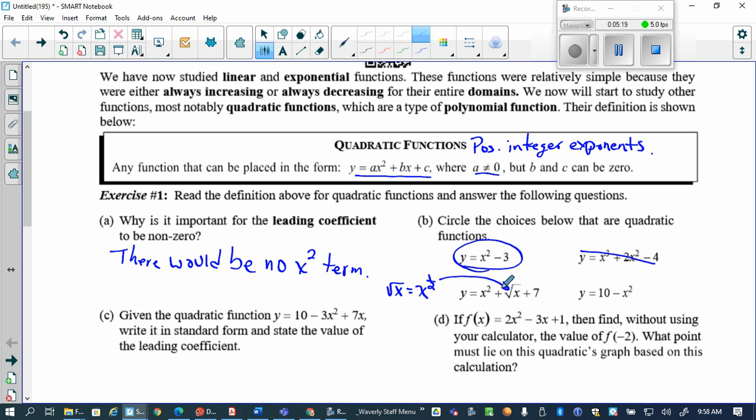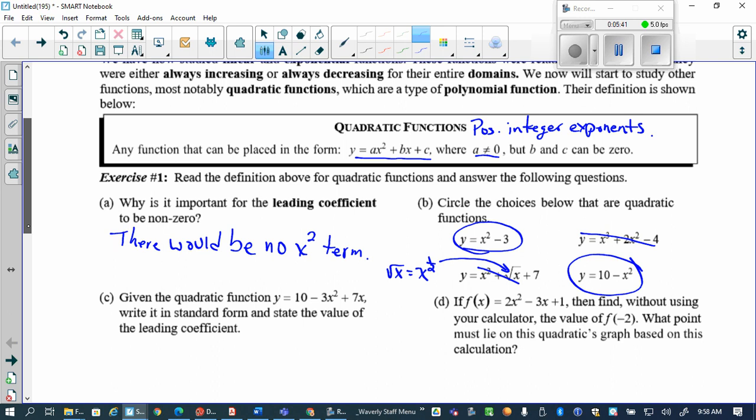So that is not a quadratic. And what about y equals 10 minus x squared? Does that violate any of the rules? Never mind, it doesn't. That's quadratic. Okay? All right.